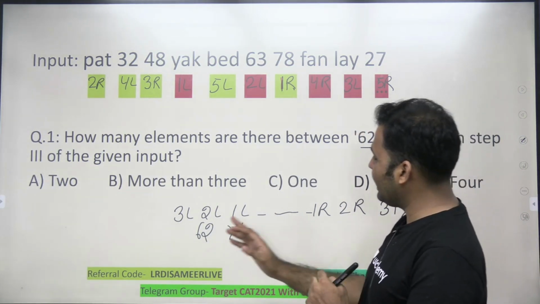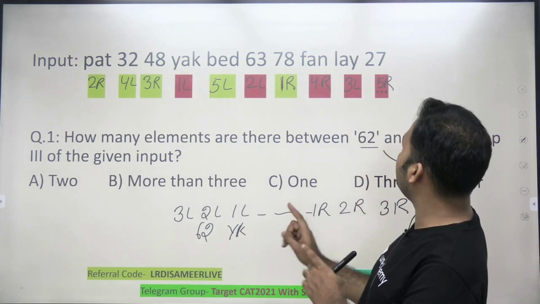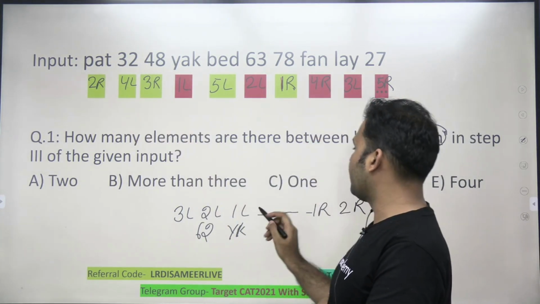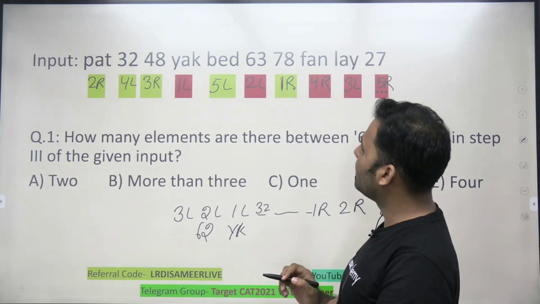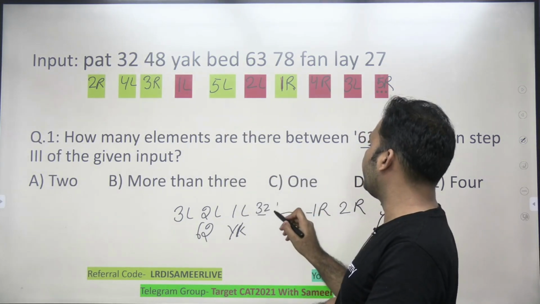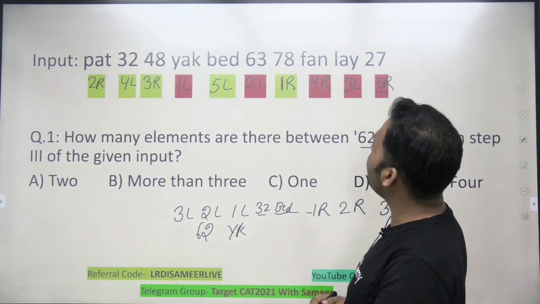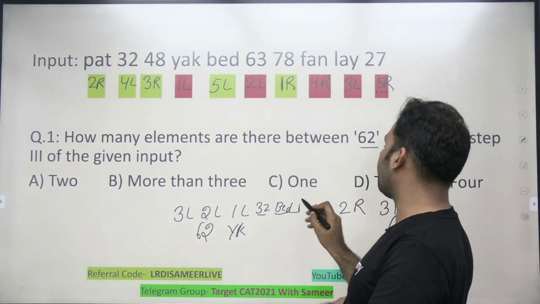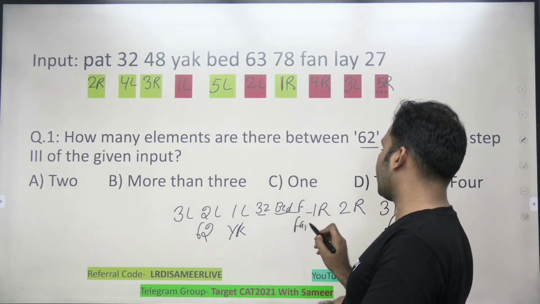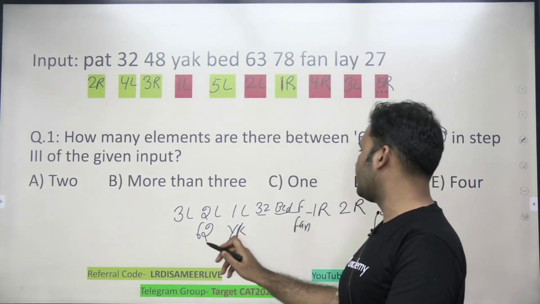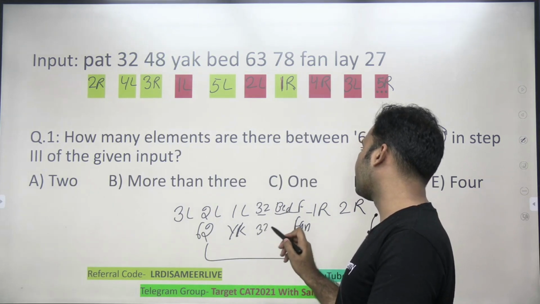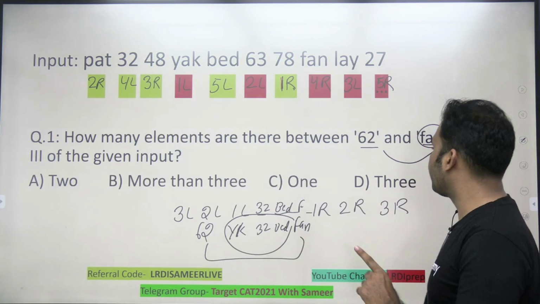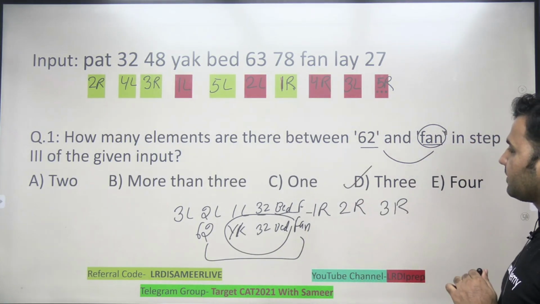Now, once you arrange these two elements, you see the position of fan. You'll have 32 here, then you have the word bed here, and then these two elements are already positioned, and then you'll have the word fan, right? So you see that between the word 62 and fan, I'll have 3 elements, and these are the 3 elements. So therefore the answer to the question is option number D, right?